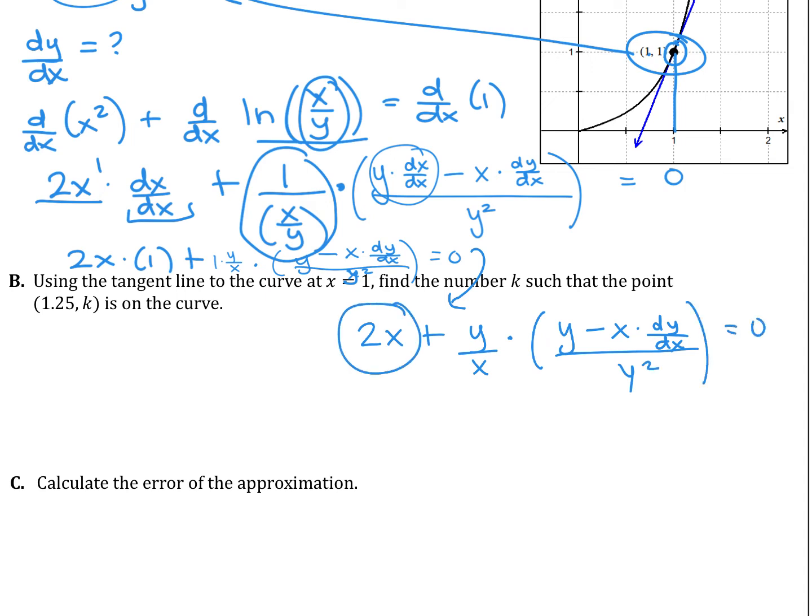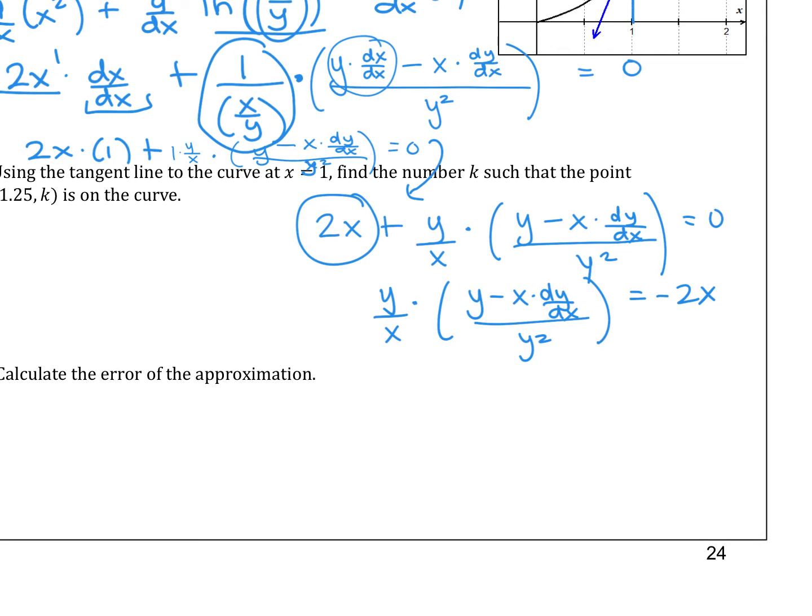So first of all, I'm going to move the 2x to the other side. I get y over x times y minus x times dy over dx over y squared. The 2x moves to the other side, so that's negative 2x. I'm going to get rid of the y over x by dividing by it. If I divide by y over x, that's the same as multiplying by the reciprocal.